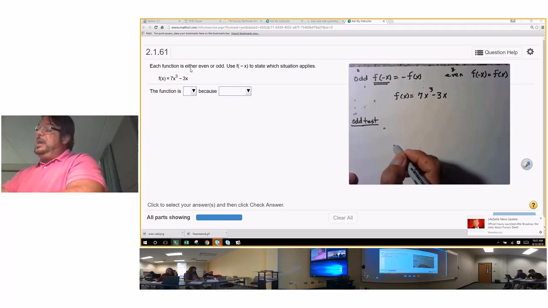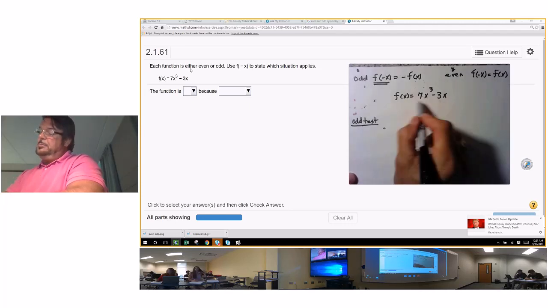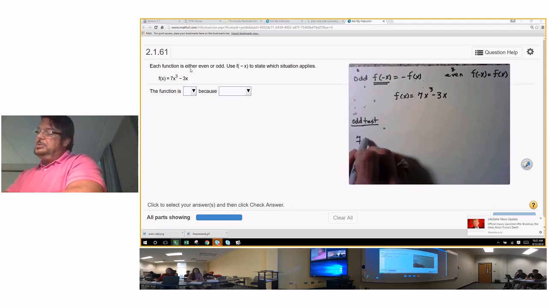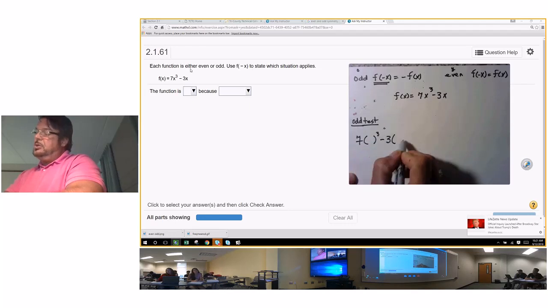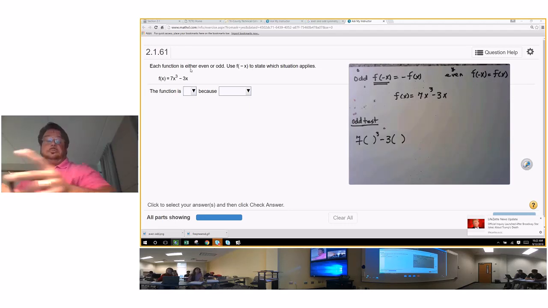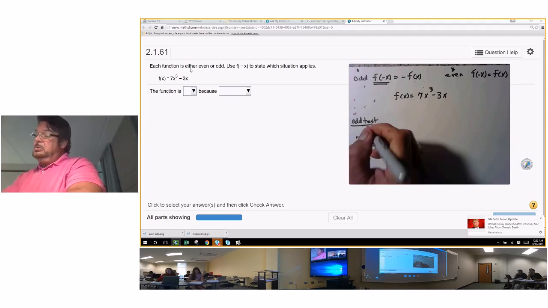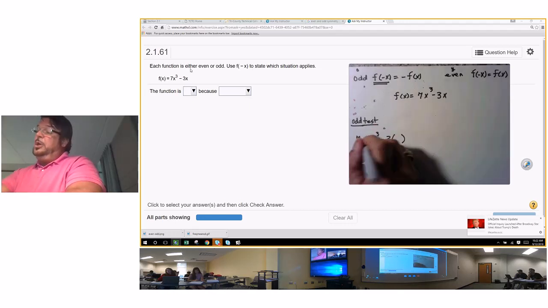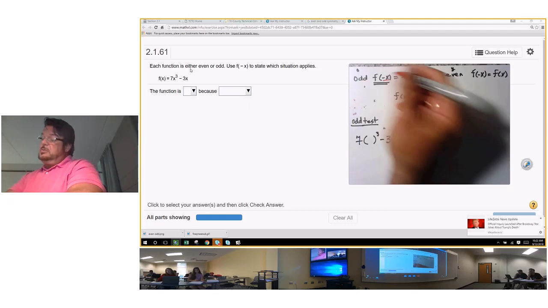Wherever there's an x, I'm going to rewrite the problem. 7 times parentheses cubed minus 3 times parentheses, because y'all know me. If you plug in something, I'm going to use parentheses because I don't want to mess it up. And what am I going to plug in? Negative x.